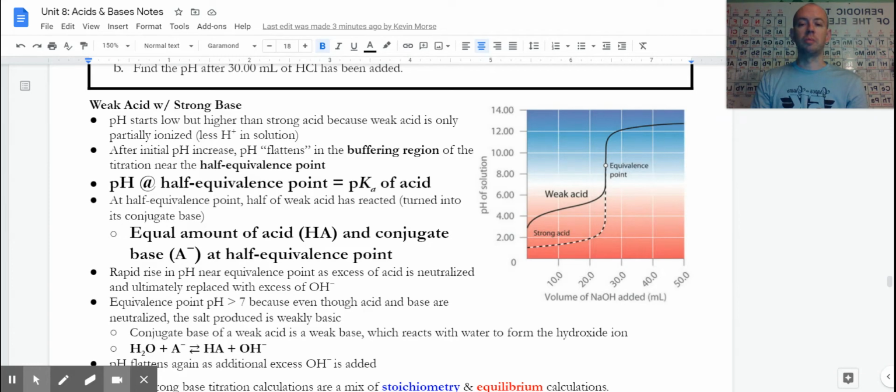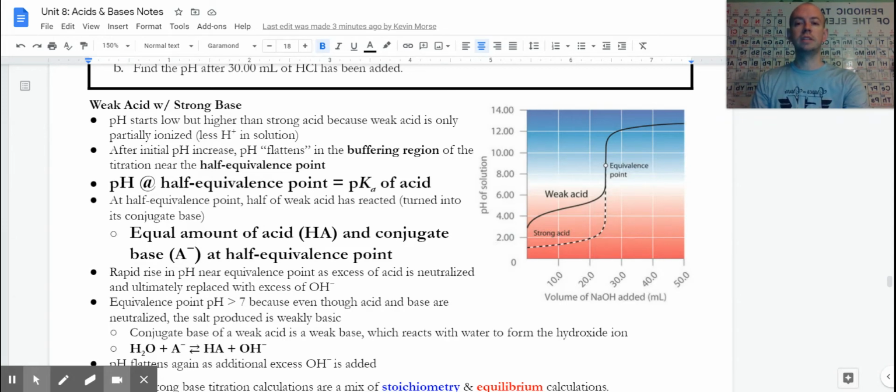At the half equivalence point, the reason that this has happened is we haven't reacted away all of our weak acid. We have reacted away half of our weak acid. So half of the acid has turned into its conjugate base, which means we still have half of our acid, but half of it has gone away.